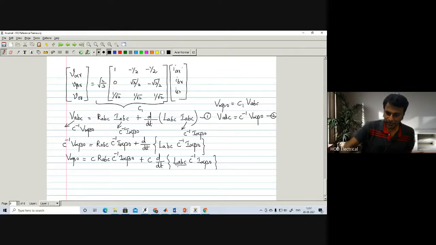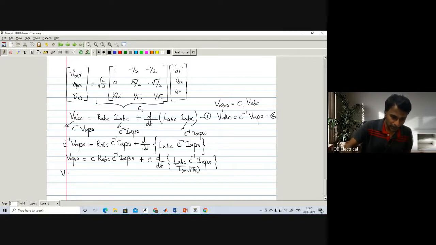This inductance matrix is a function of theta, right? If it were constant, we could always take LABC outside, but this is not constant, so we have to differentiate with respect to theta r also.